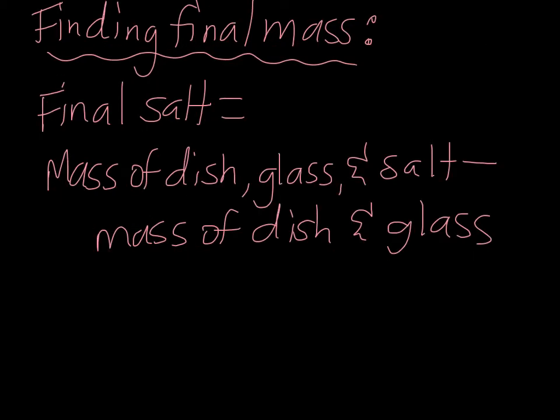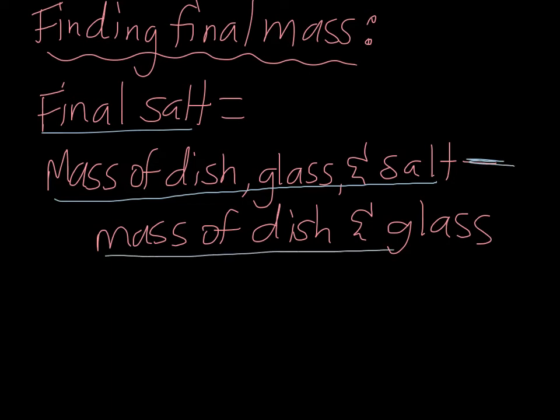So finding the final mass of salt, again, you're going to need two numbers. You need the mass of the dish, watch glass, and salt. Subtract the mass of the dish and watch glass. So for example, the mass of my dish, glass, and salt, which for most of us also had water in there, so this is going to be a pretty big number.